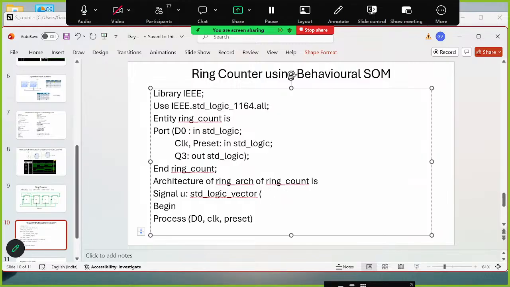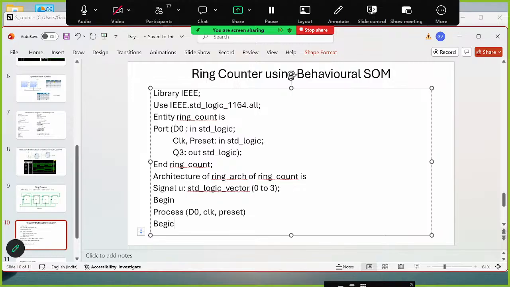Or I should write 0 to 3 so that it will become simple for you. Then process begin. I should start with the process begin. So this is the code for this presently.